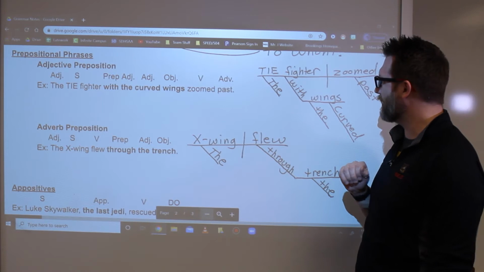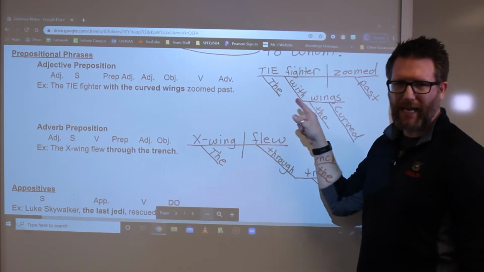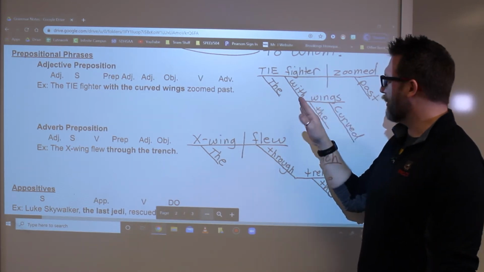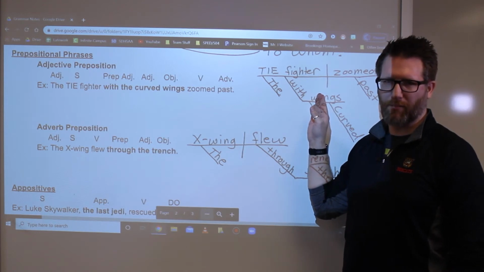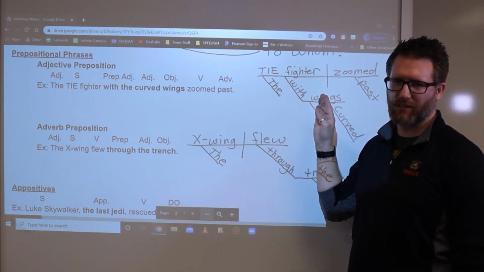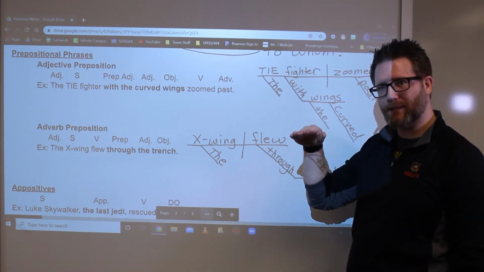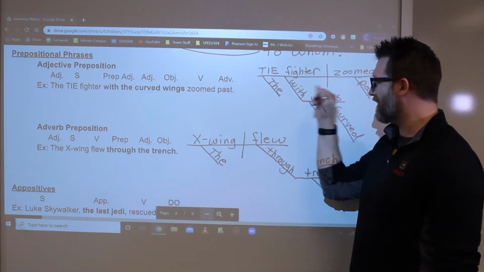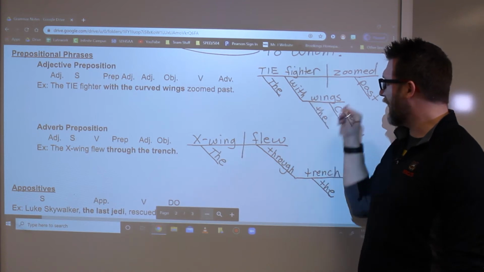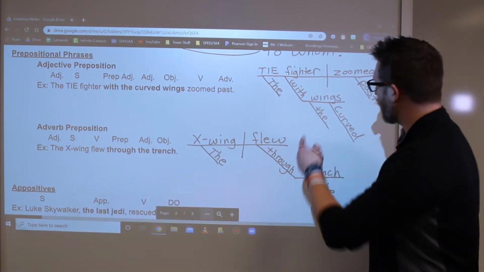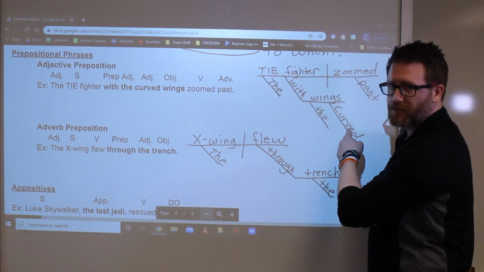Then on the flat part goes the object of the preposition, because remember, all nouns and pronouns are going to be flat. This object of the preposition has its own little ribs coming off of it.